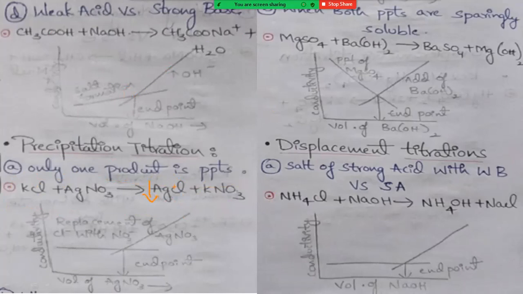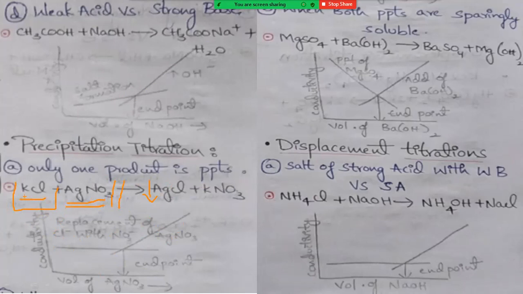So in this case, how can we get the conductometric graph? This is the graph that explains the precipitation titration for only one product. Initially, we take potassium chloride in the conical flask and AgNO3 in the burette.